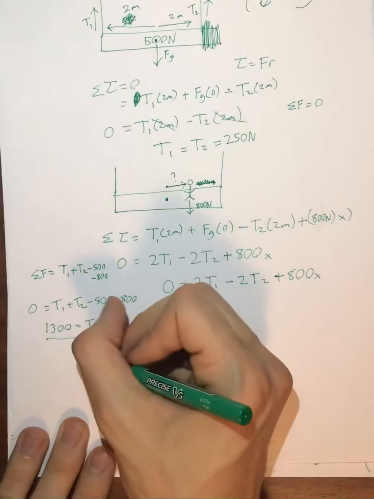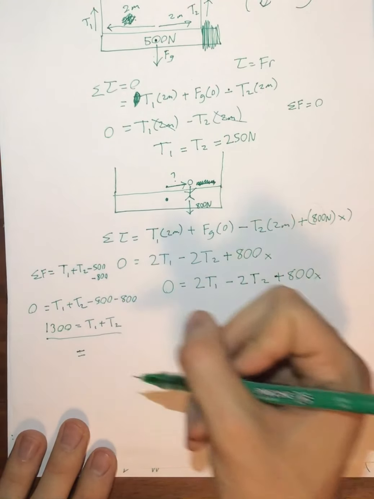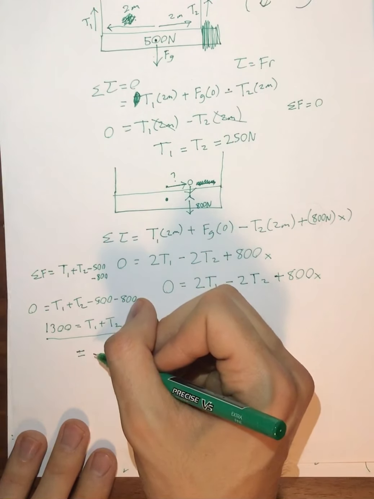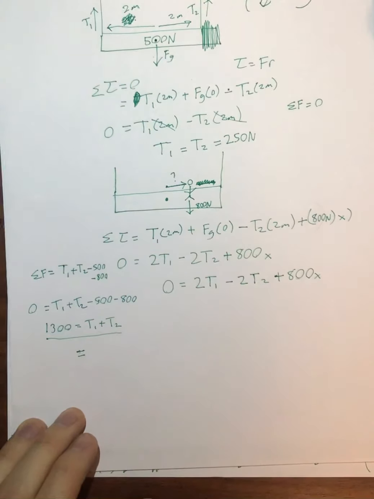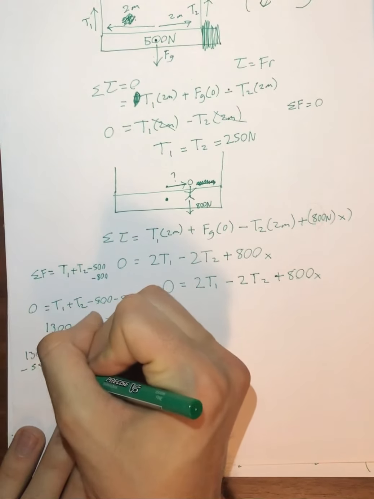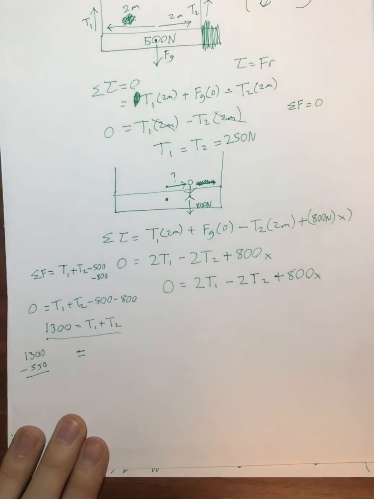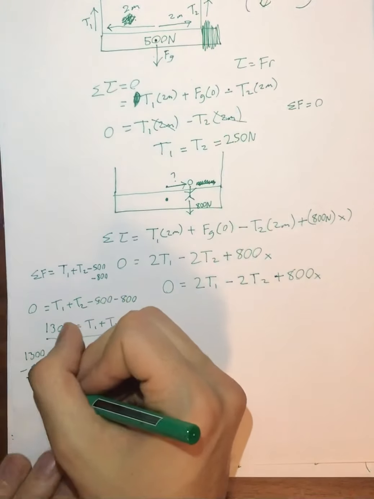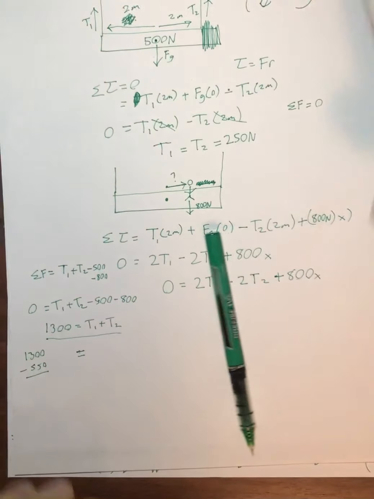One of the tensions has to be 550. So if one of them is 550, 550 minus from the 1300 means the other one has to be bigger.